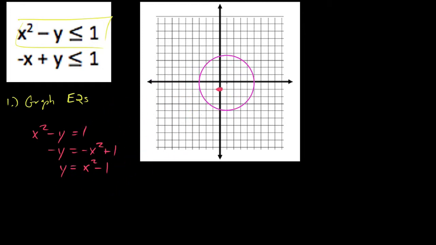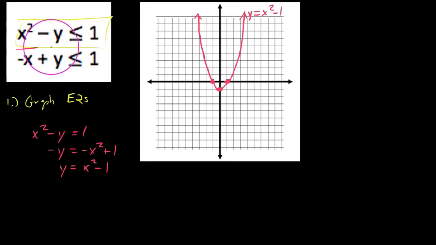It's got an a value of 1, so go up 1, right 1, up 1, left 1. We notice it's less than or equal to, so I can give it a solid line boundary. We will shade in a moment, but we're going to label this. This is the graph y equals x squared minus 1. We could also label this x squared minus y equals 1. It's entirely up to us.